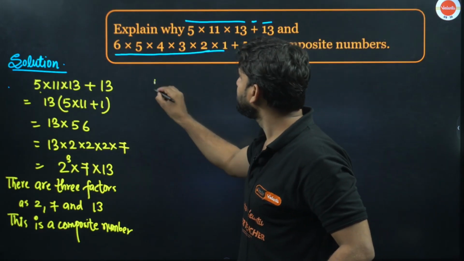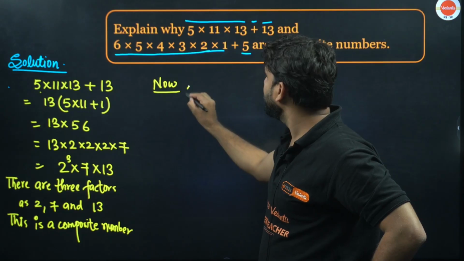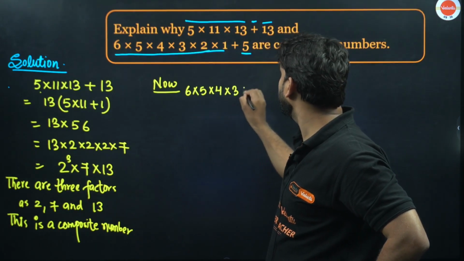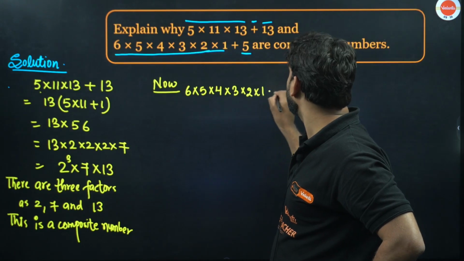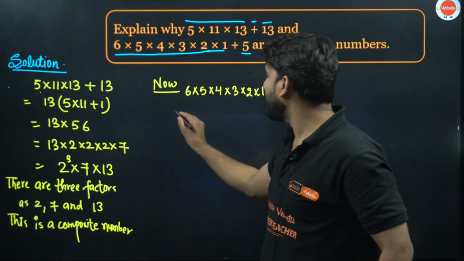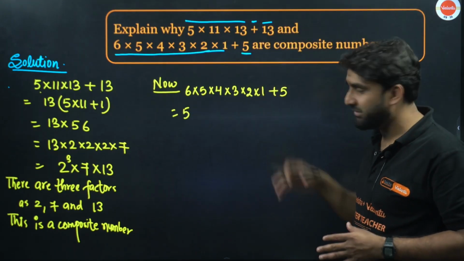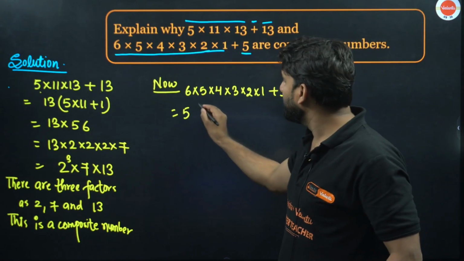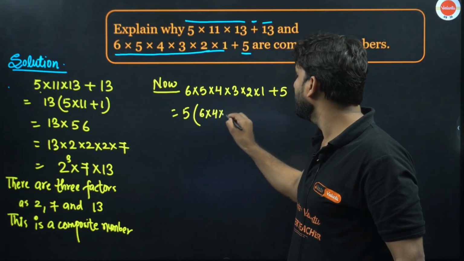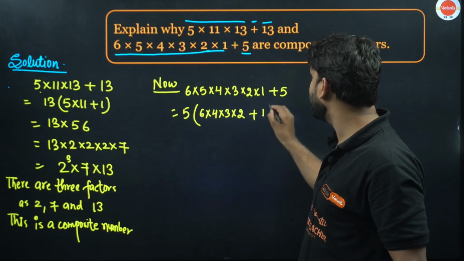Now look at the second number. Let's write the number first: 6 into 5 into 4 into 3 into 2 into 1 plus 5. This is a single family and this is the second family. Can we take 5 as common? Because 5 is present in both the families and plus is the operation here. On taking 5 common, we have 6 into 4 into 3 into 2, and since we have taken 5 as common, there will be 1.